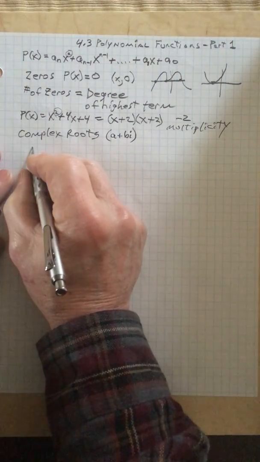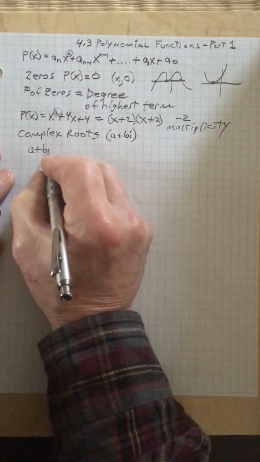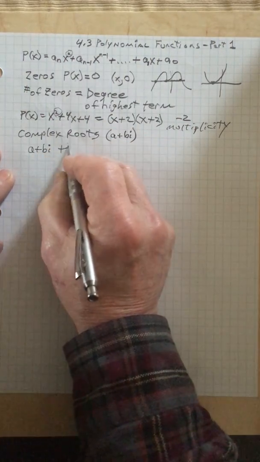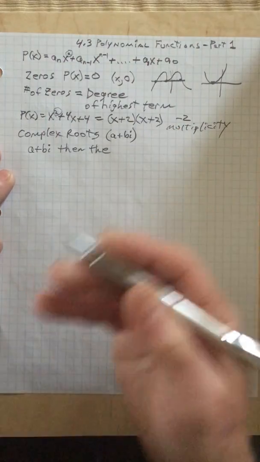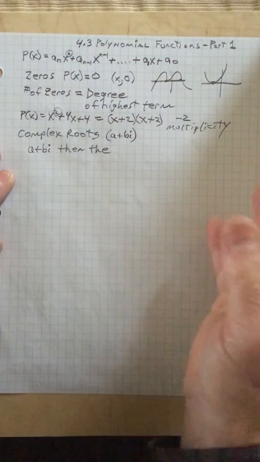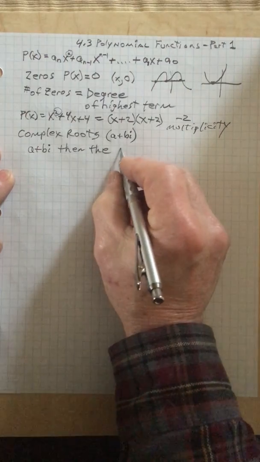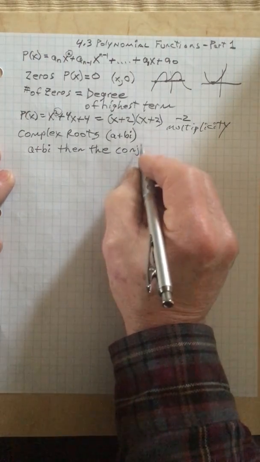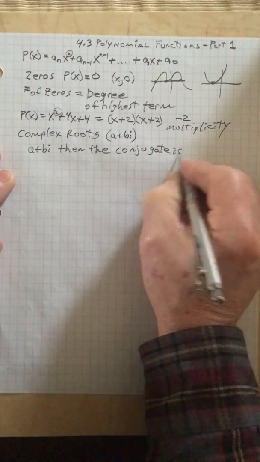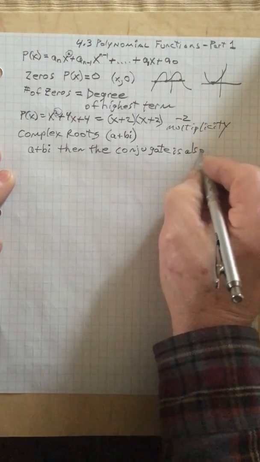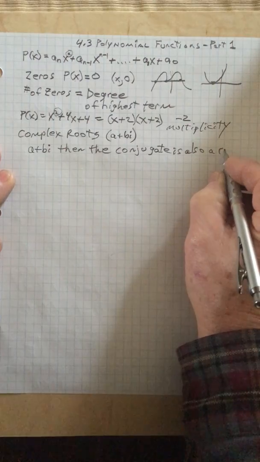If you have a complex root, so let's say a plus bi could be anything, then the conjugate is also a root. They come in pairs. So you also have the conjugate.